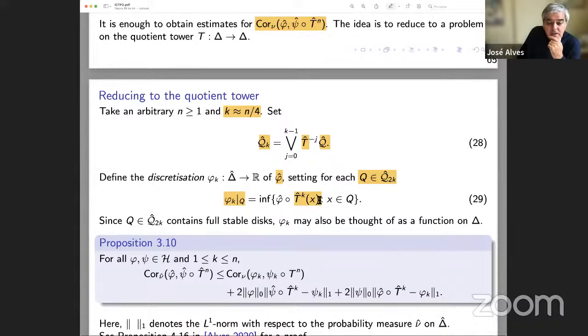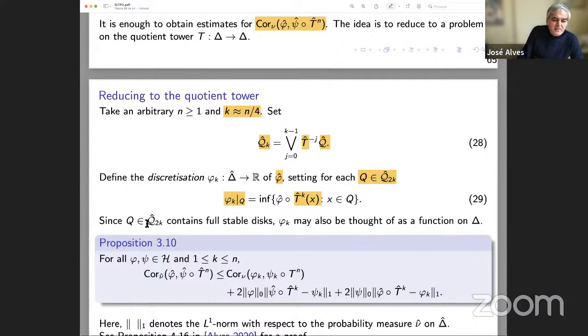And then we take the infimum over all points when x ranges in Q. So this map phi k is constant, by definition, on the elements of Q. And Q belongs to the 2k refinement of the original partition.